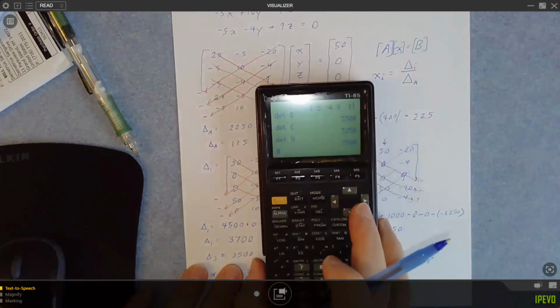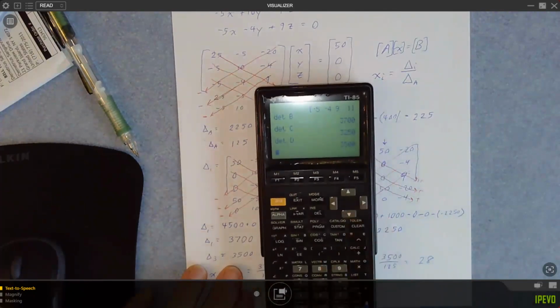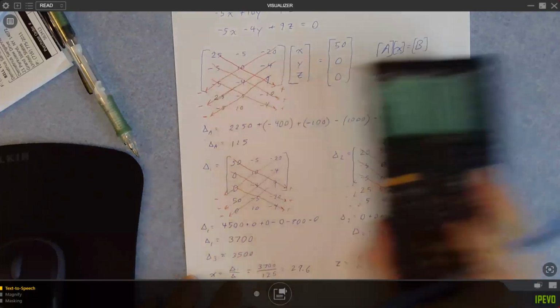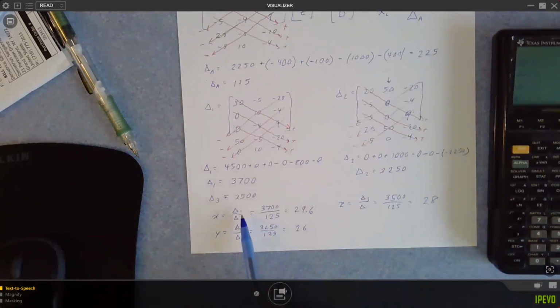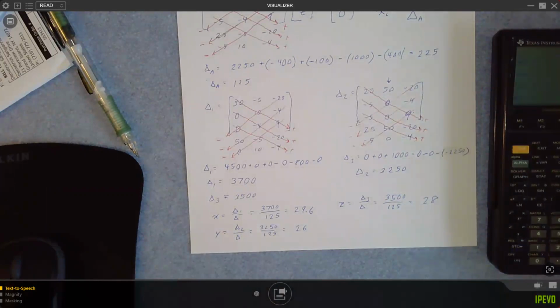I didn't actually do the solving. But that's how you do it. And then you just use Cramer's rule, knowing that if you replace each column with the B matrix, you get the determinants.